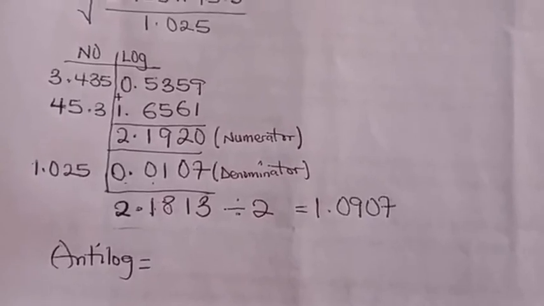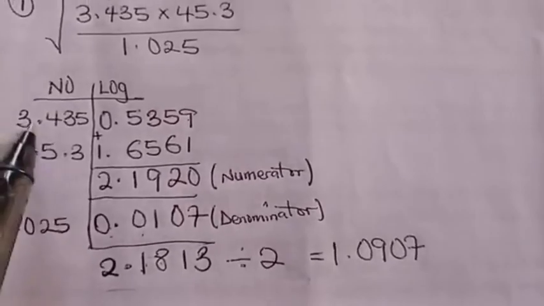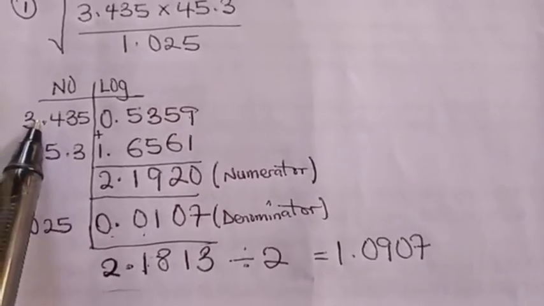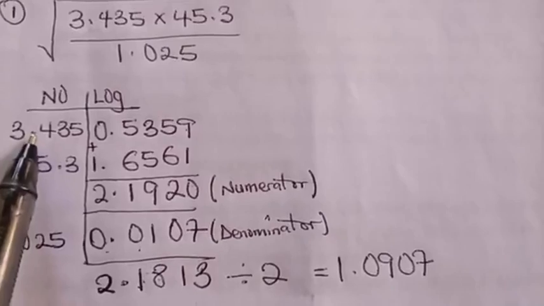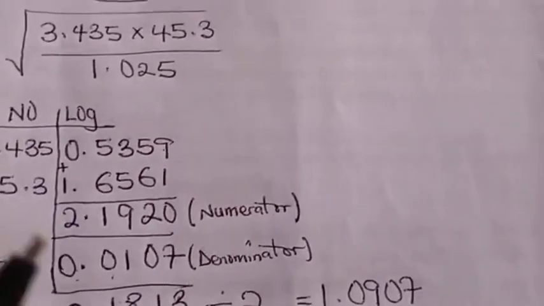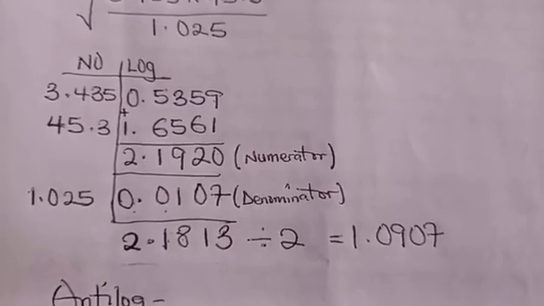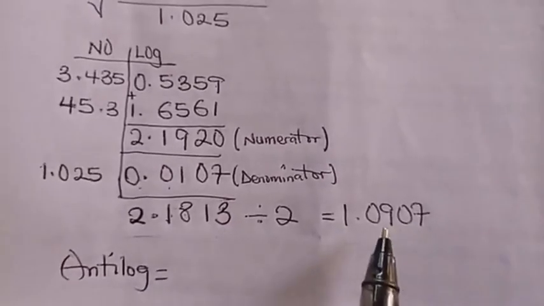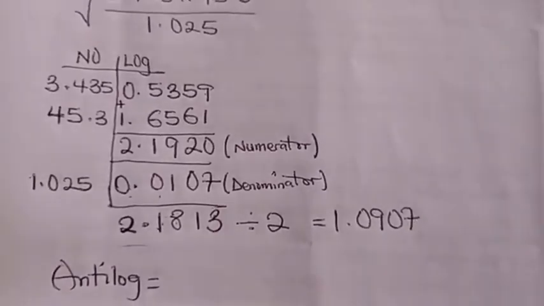Whereas in the logarithm table, you begin from 10. So that is why we cannot neglect this integral part when finding the logarithm of a number, because we don't have anything like 0.0 or 0.1 in the logarithm table. It's only possible in the antilogarithm table.